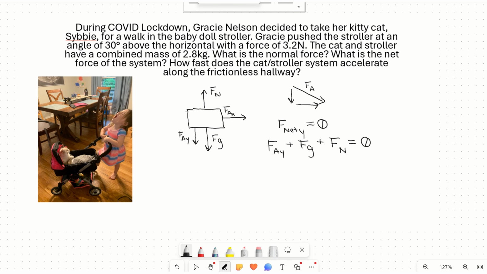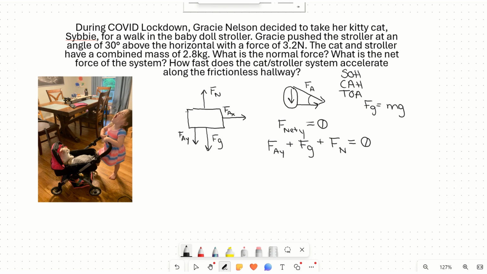Well, we know force of gravity, F of G, equals mass times gravity, and we can solve for the force applied in the y direction. For force applied in the y direction, we're going to have to use our SOHCAHTOA. So let's look at that. I want to find the y direction, that is this arrow here.